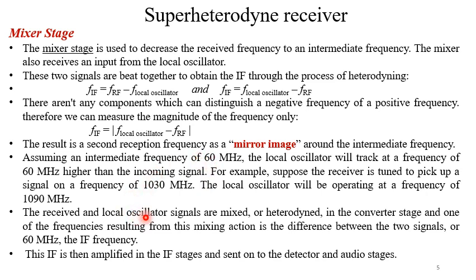The received and local oscillator signals are mixed, or heterodyned, in the converter stage, and one of the frequencies resulting from this mixing action is the difference between the two signals, or 60 MHz, which is the IF frequency. This IF is then amplified in the IF stages and sent on to the detector and audio stages.